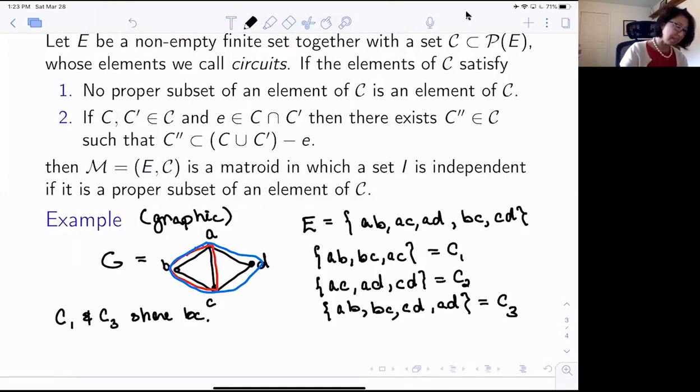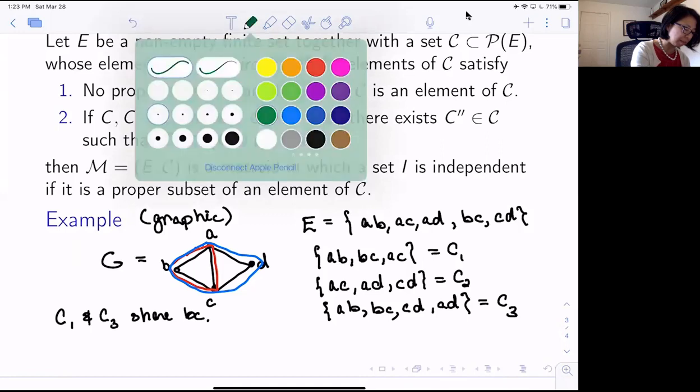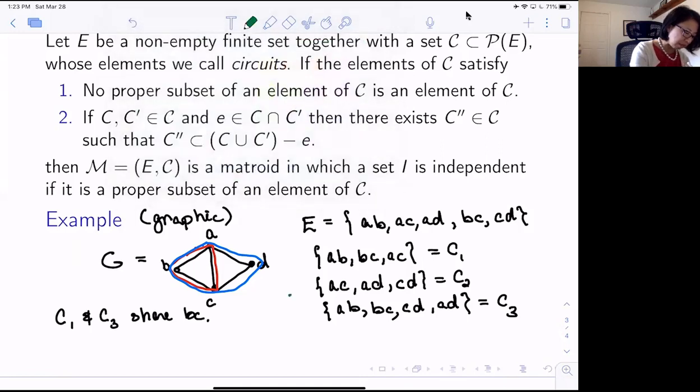And if I take the edge BC out, what am I left with in the union? What I'm left with in the union is this edge, that edge, and these 2 edges. And you can see the union is not a circuit because it has this dangling edge here, but it contains a circuit, which is that triangle there. And you can check that for any of the pairs and any of the edges in their overlap. If you take out the edge, what you're left with is going to contain a circuit.